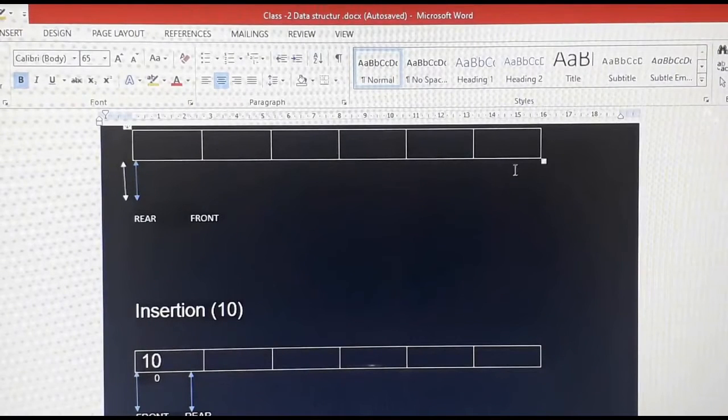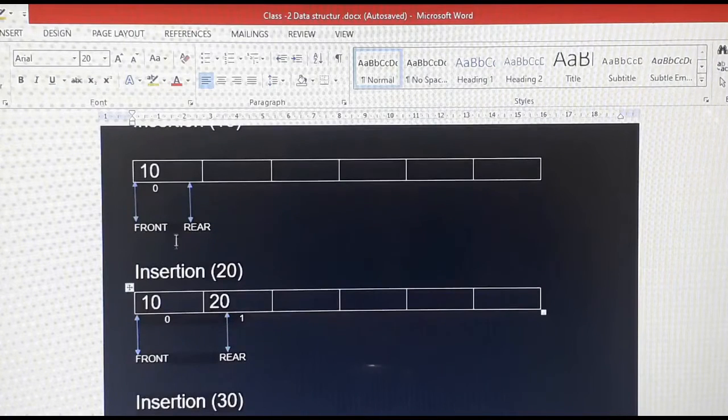Now this queue is empty. No element is there in the queue. So rear and front pointers are waiting here. Now I am going to insert 10 into the queue. When I insert 10, the front pointer comes over here and the rear pointer is also coming over here. Both the pointers are pointing to the first position in the queue.